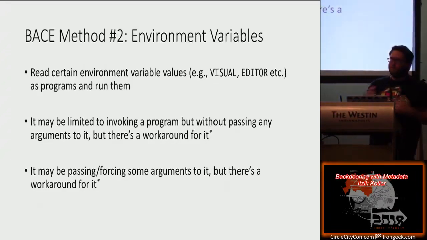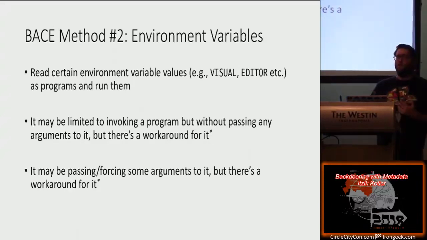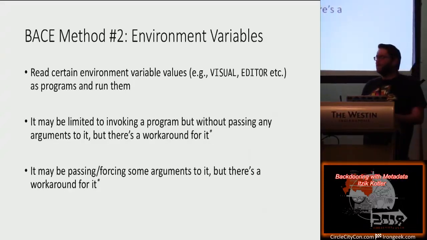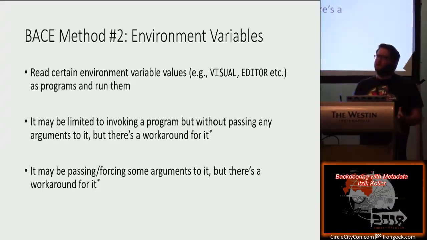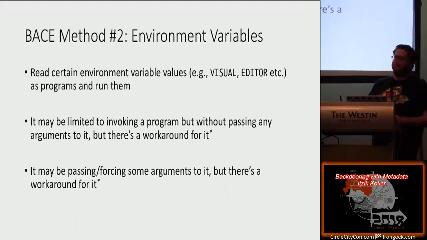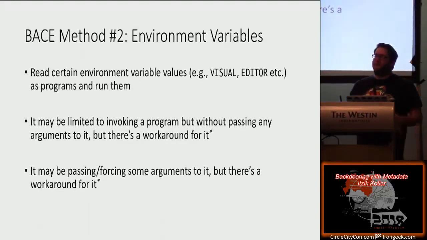When we thought about what kind of functionality or configuration is relevant to our case, we stumbled upon two very obvious ones, VISUAL and EDITOR. Some programs, like for instance crontab, allow you as part of the functionality to edit a file. Of course, there are many opinions about what is the best editor: vi, Emacs, Nano.